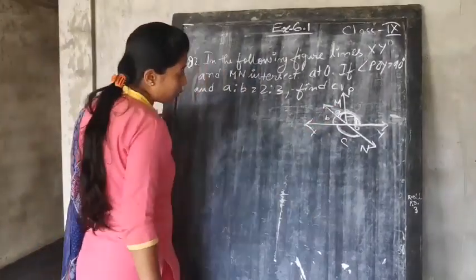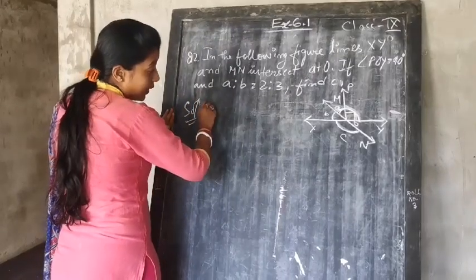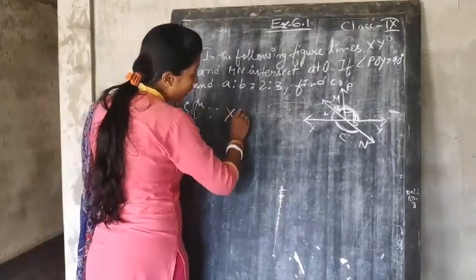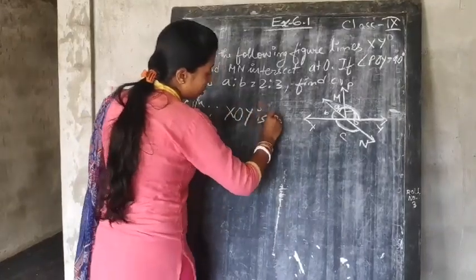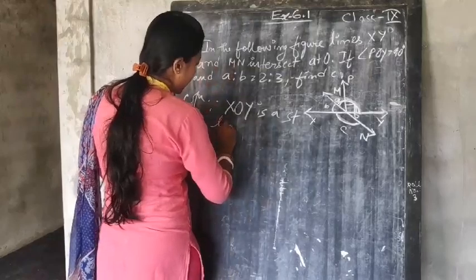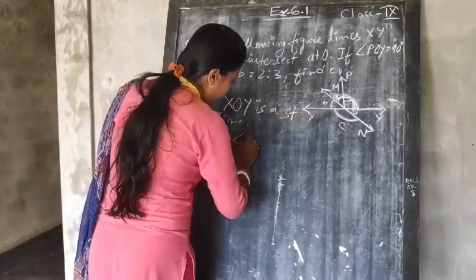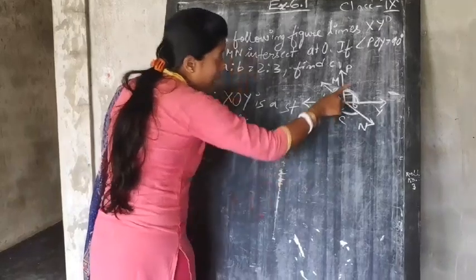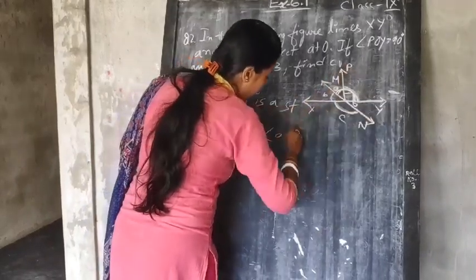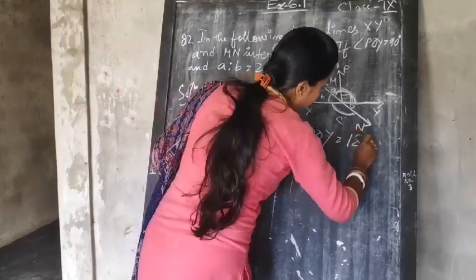So how will we do it? Since XOY is a straight line, what can we write? Angle B plus angle A plus angle POY equal to 180 degree.